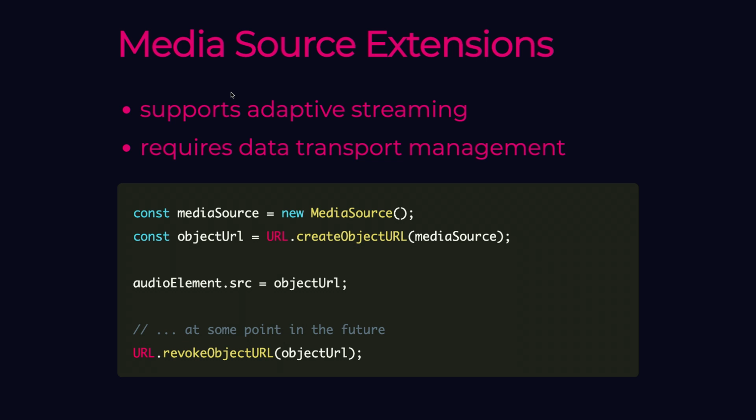So it's essentially a JavaScript API which can be used to swap the source of the audio element. So instead of having a source file, you then have the media source as the source, and then it's your job to provide the data for the audio element. So it's a lot more work to do, but it's made for adaptive streaming, and HLS is, for example, a very popular adaptive streaming protocol, and there are libraries like HLS.js which make that very easy.